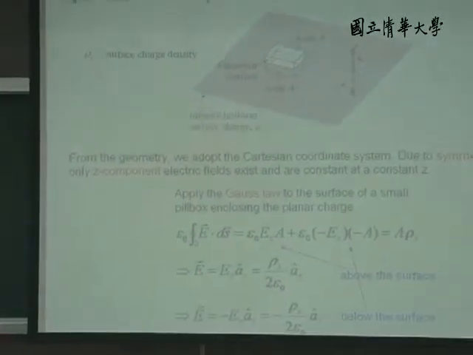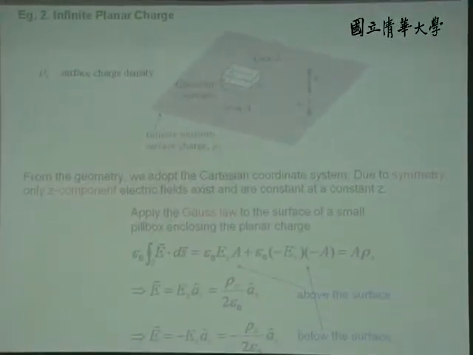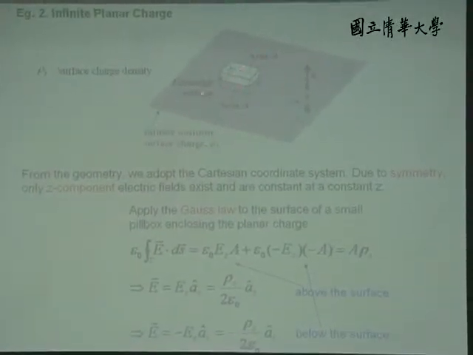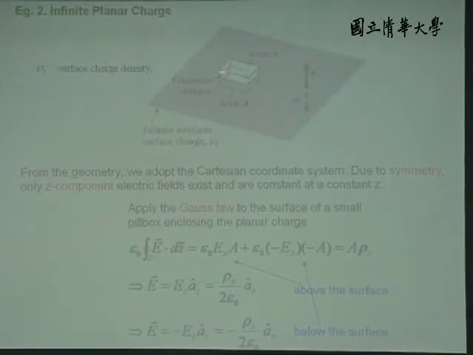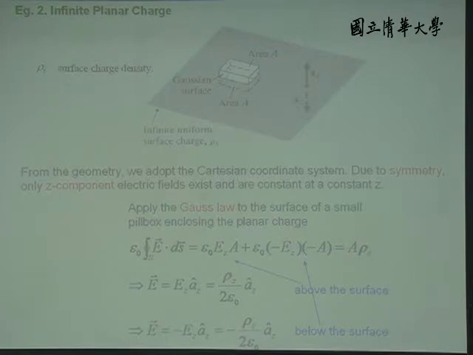Okay, so this is the calculation for the electric field near an infinite plane.